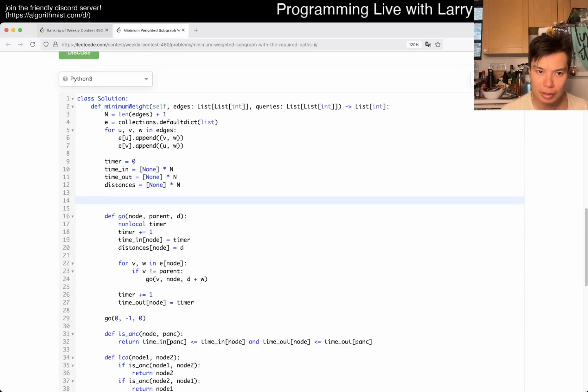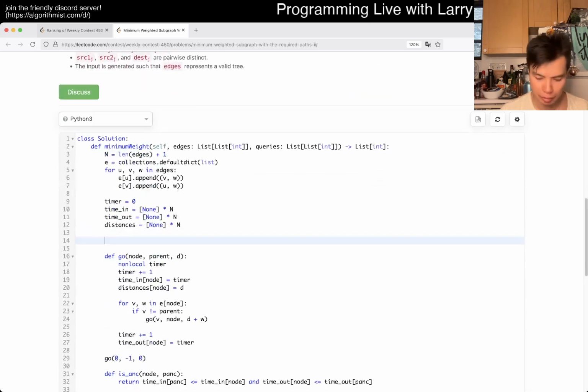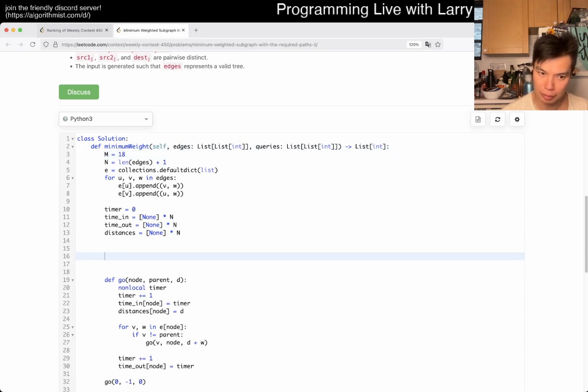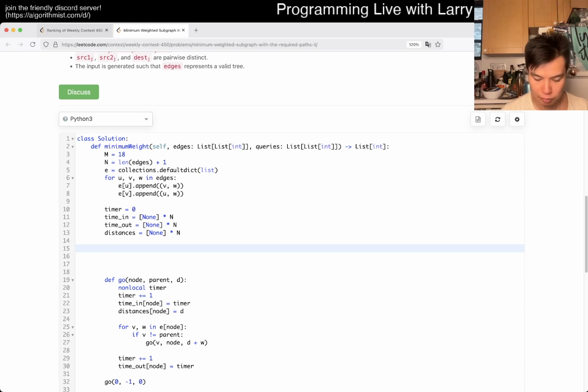Let's just do 20. Is that reasonable? What's 2 to the 18? Maybe I could be a little bit tighter. 2 to the 17. Let's just do 18, right? And then we have... I wouldn't go past.